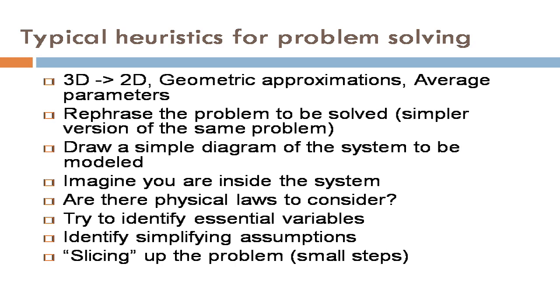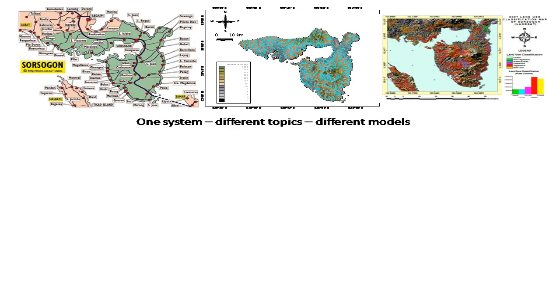So here are different types of maps. You can think of maps as models. They represent a certain reality in our world. But as you noticed, this is a map of Sorsogon area, but they represent different information. It's one system, but different topics, and thus different models.